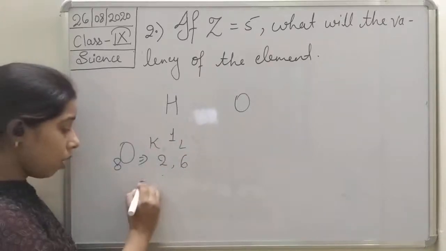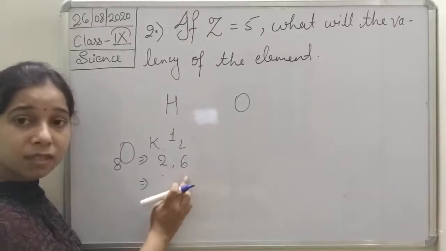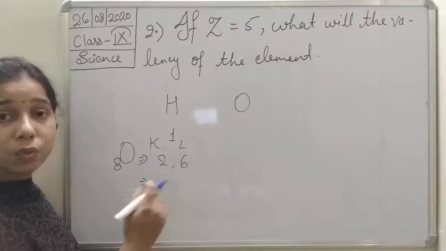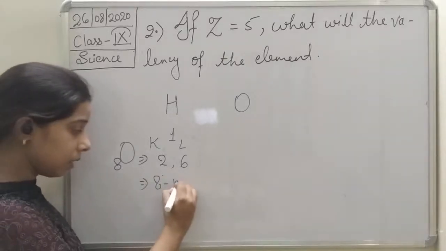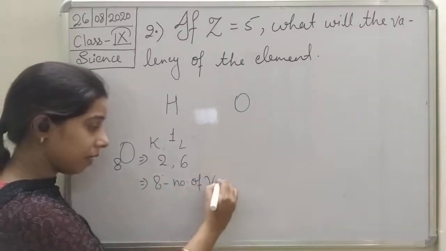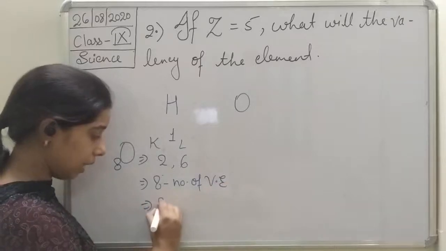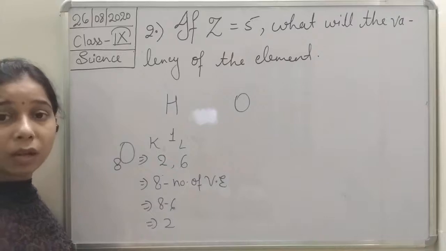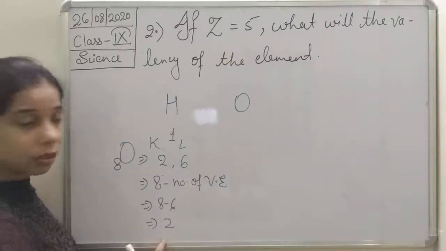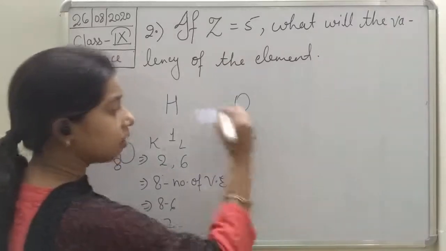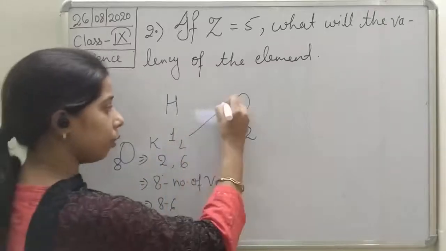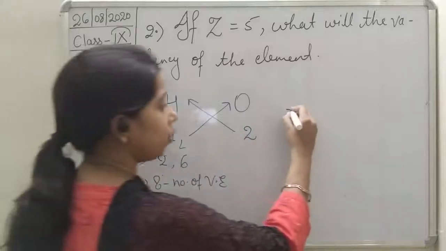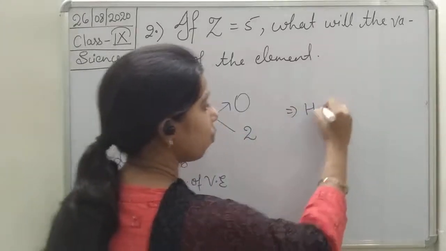So what will be the valence electrons? 6 here. 6 is more than the valency, so it will be equal to 8 minus the number of valence electrons, that is 8 minus 6 equals 2. So the valency of oxygen is 2, students. Now again you will use the same method, crisscross each other, and you will get H2O.